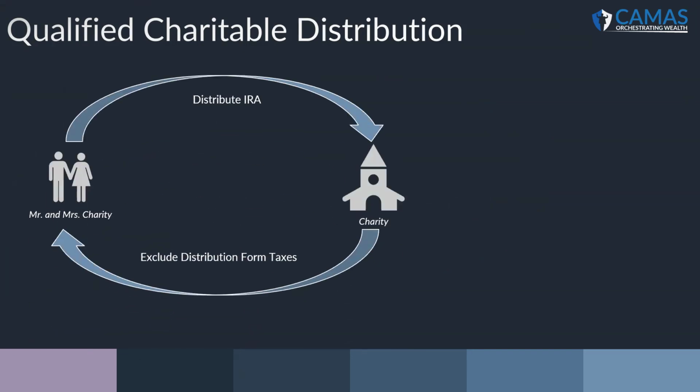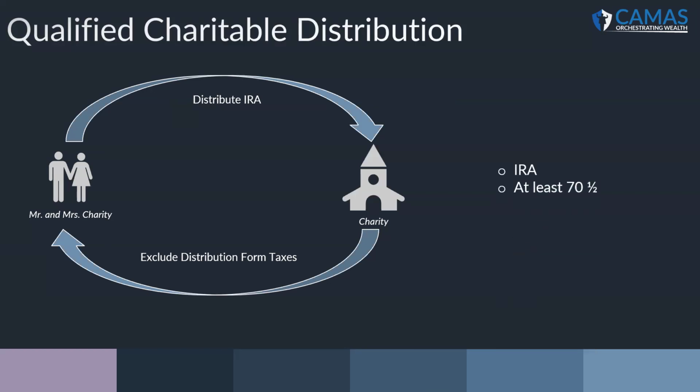Well, now a client can do a qualified charitable distribution. In this case, and they can do this on a year-by-year basis, they can distribute their IRA or their RMD to the charity. Now, they don't get a charitable deduction for this, but they don't have to include that distribution as part of their taxes.